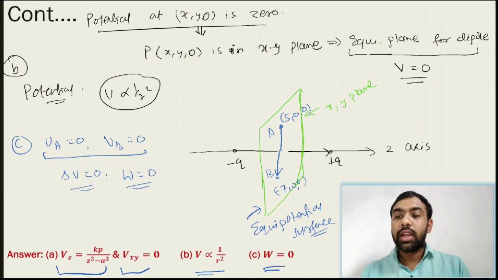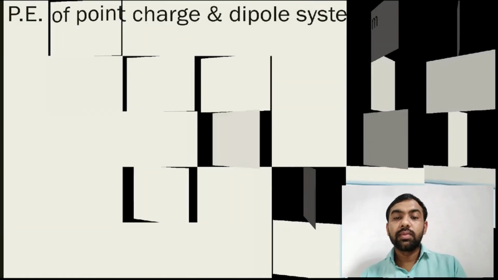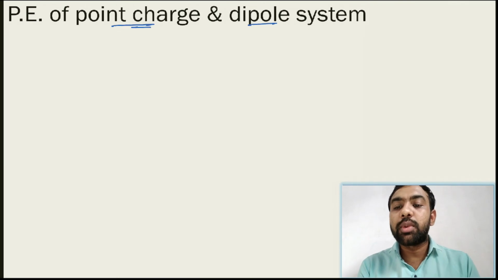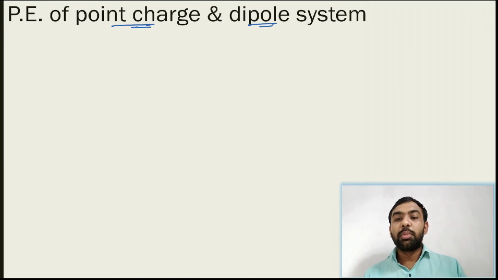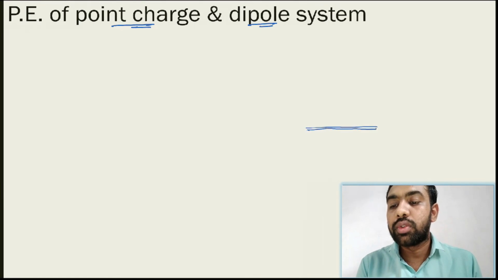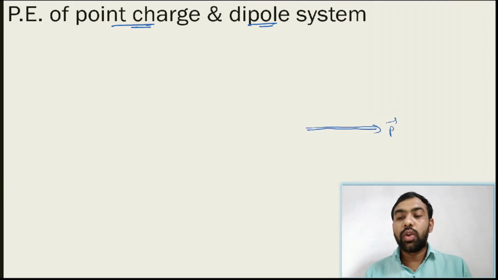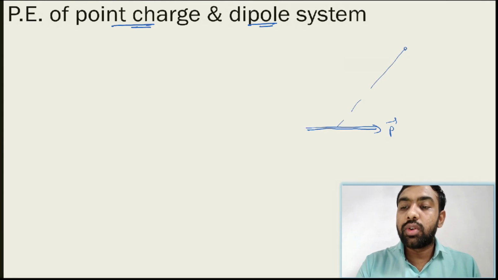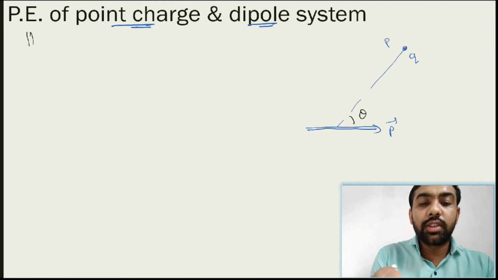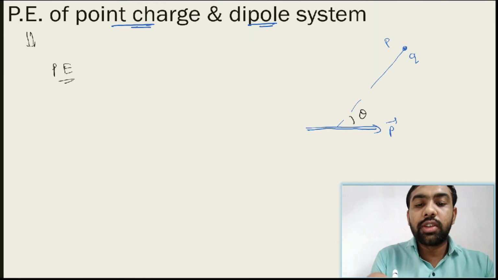Note it. Let's see: potential energy of a point charge and dipole system. That's quite a different concept. Point charge and dipole system. Suppose here some dipole p is given to us, and somewhere here consider this point P and put one charge Q. The angle is theta. So what is the potential energy?